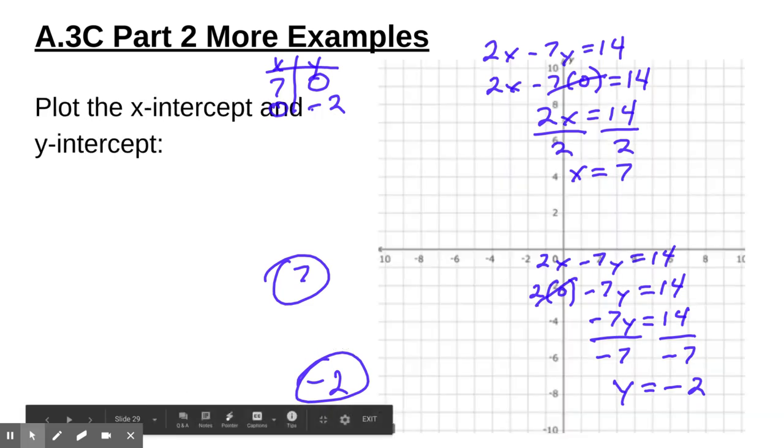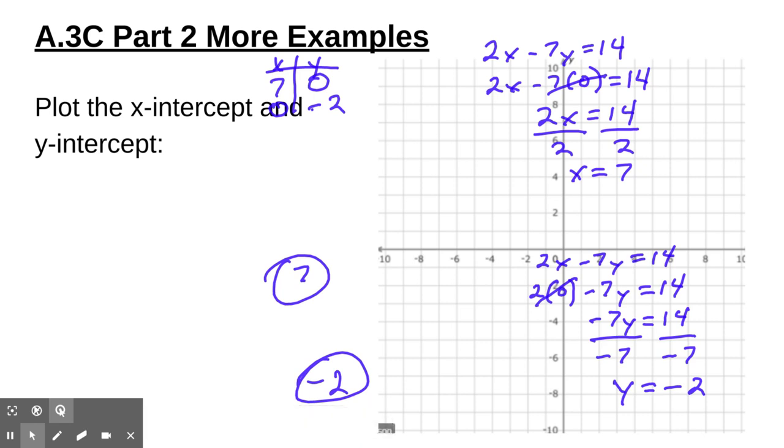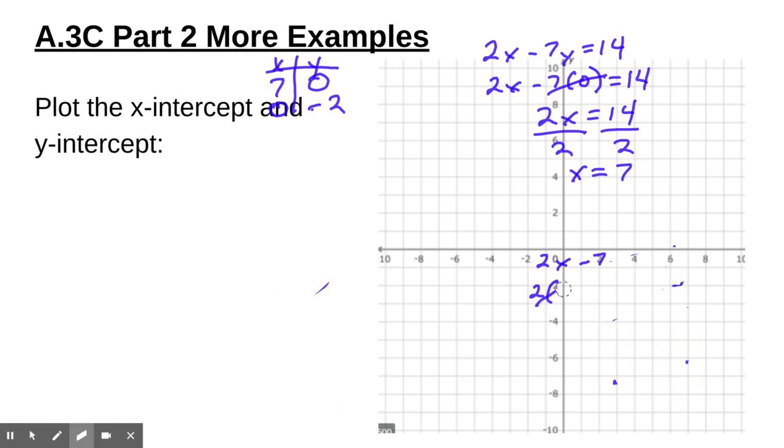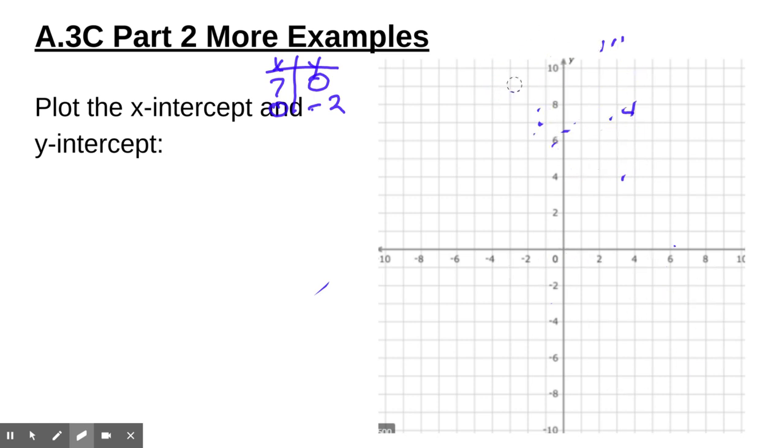Okay, let me take that off here. And there's the points, so we can leave those on there. And let's see if what we did was correct. So we said that x is 7 and y is 0. So that would go here.